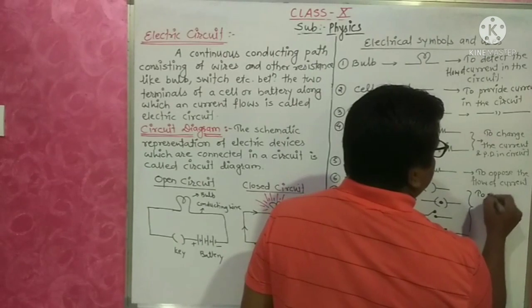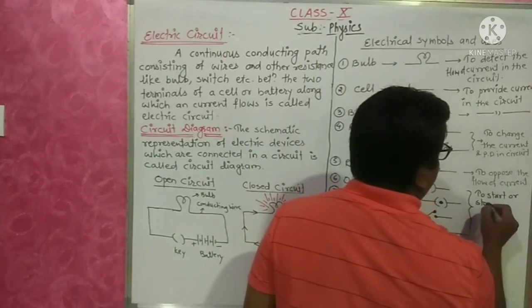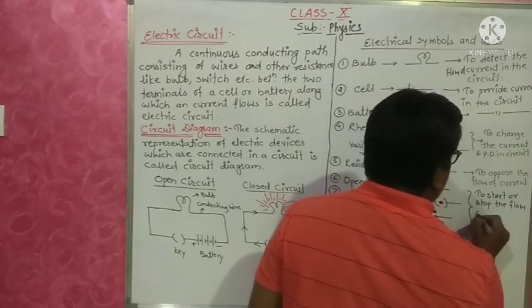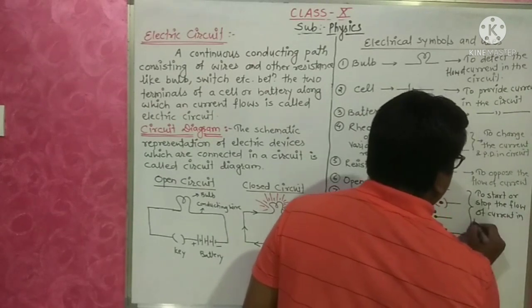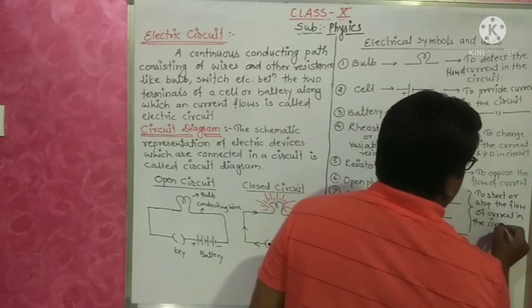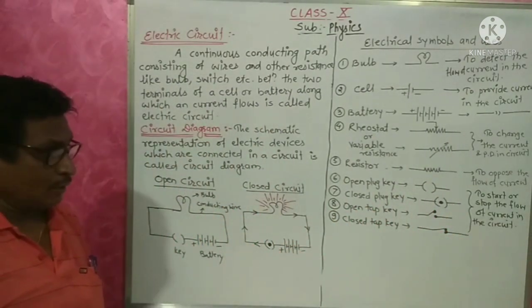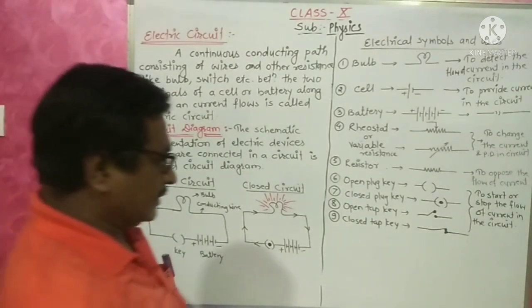To start or stop the flow of current in the circuit. What is the use of this key? To start or stop the flow of current in the circuit.